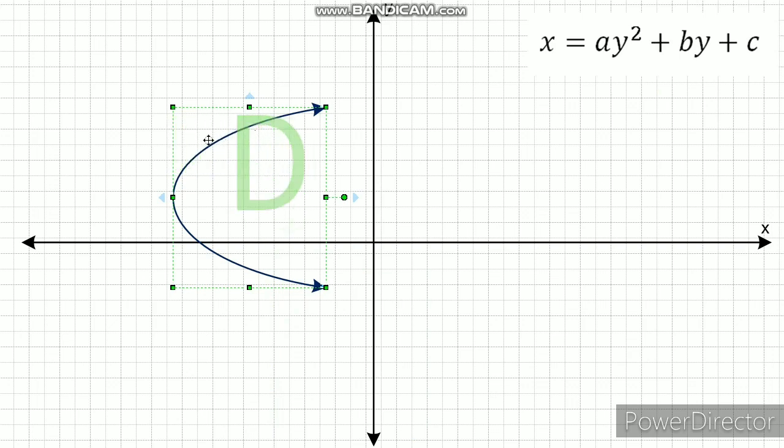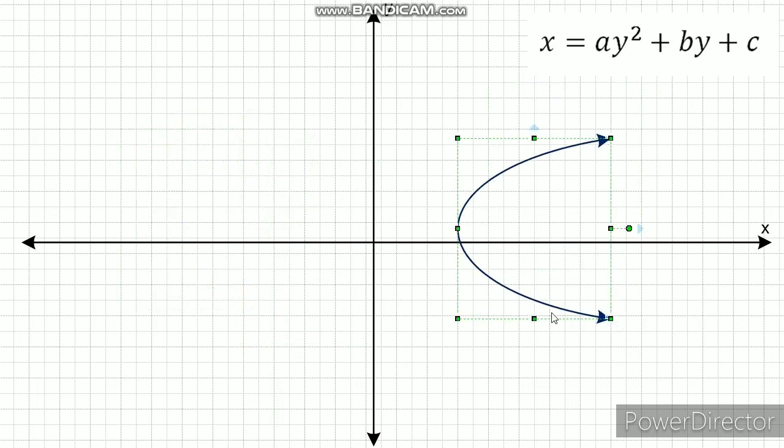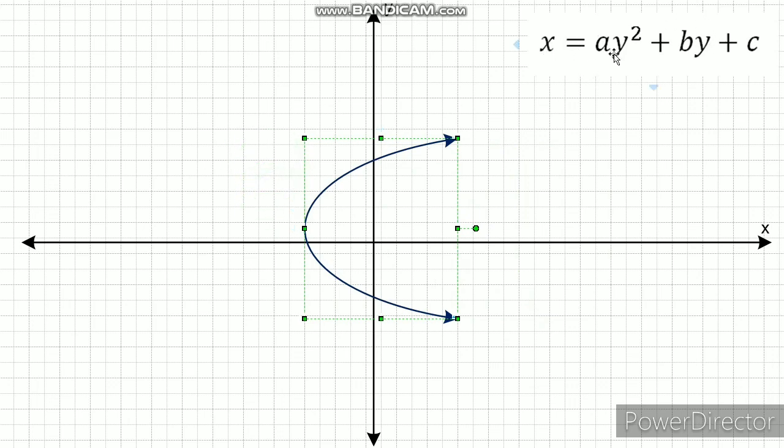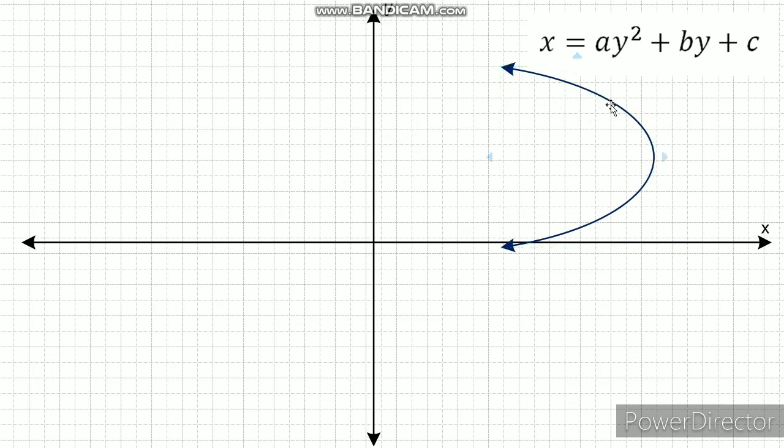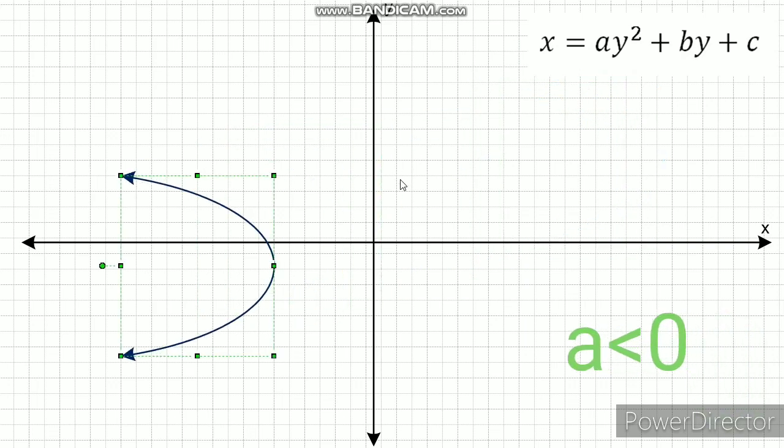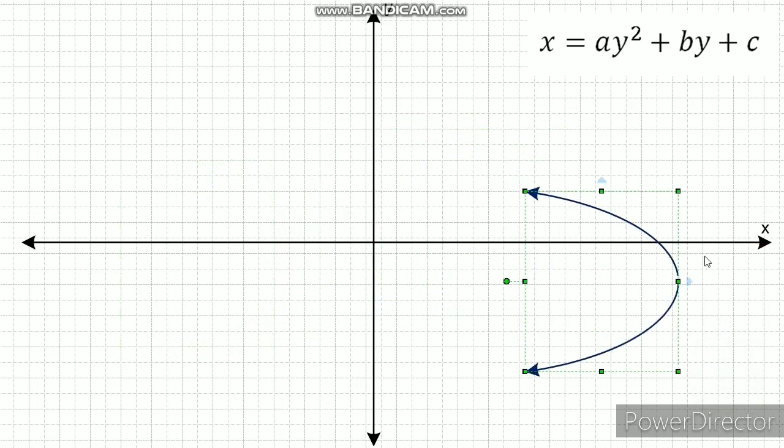So just like for this one, this is facing right, so the a will be greater than 0. All parabolas facing right will have this general form with a positive. For this one, this is facing left. This is a parabola with this general equation, but the a must be negative, so it's facing left. So it's the same. This one has 2 y-intercepts and only 1 x-intercept.